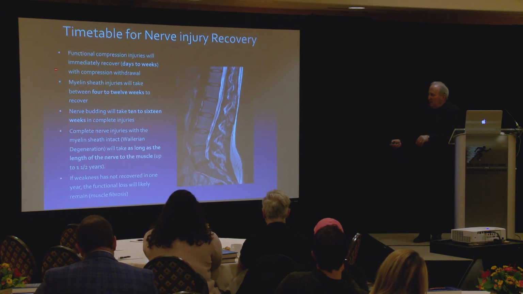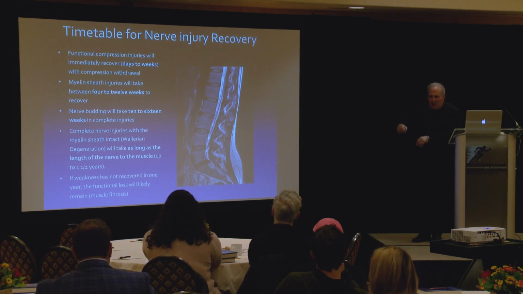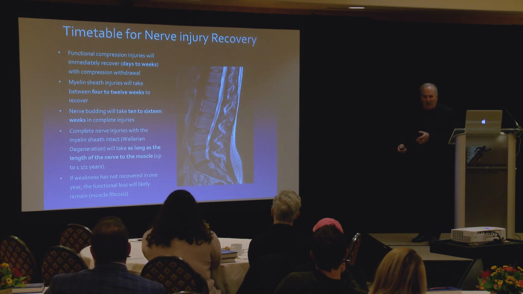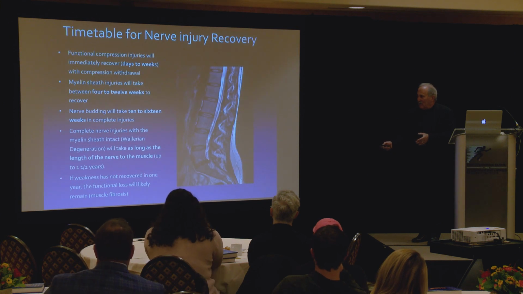So, to recover from functional compression injuries, such as the ulnar nerve in the arm, recovery is immediate, up to days to weeks. We'll do a decompression of the L5-S1 root, and that night their gastroc soleus is 5/5, whereas it was 4/5 before. So they probably had a functional compression.